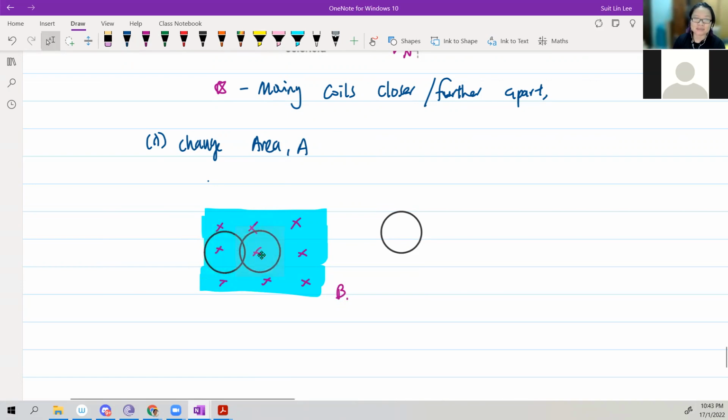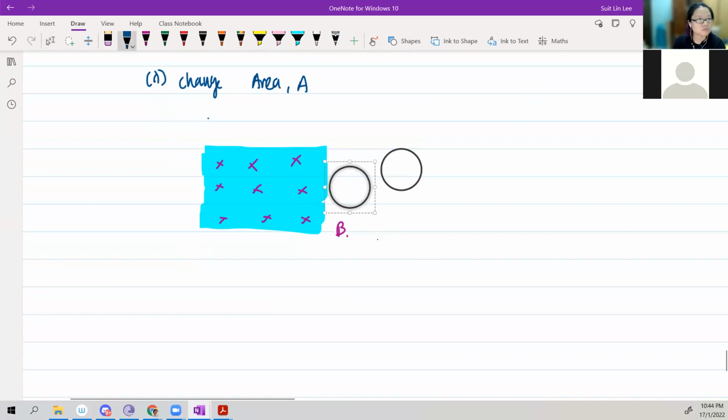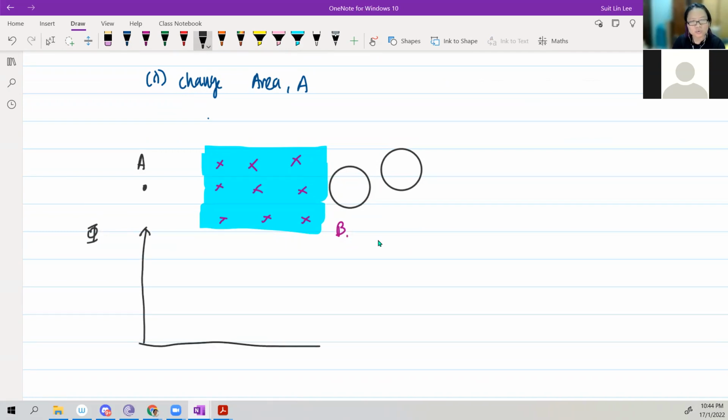And then it will stay the same until it exits, decrease, 0. Interesting. So this means if I draw a graph of flux like that, against distance from any point now, let's say point A. So here is A. And any point now, let's say here is B.